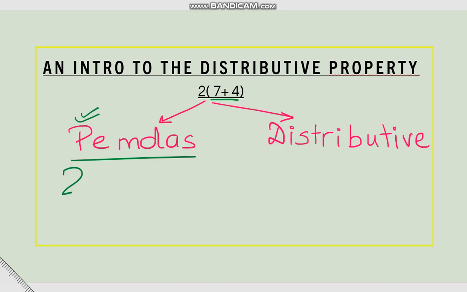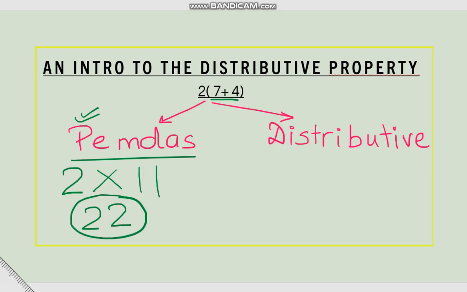So I'll keep the 2 as it is. Between the 2 and the parentheses, there is no sign, so it automatically means multiplication. And within the parentheses, we have 7 plus 4. 7 plus 4 means 11. So 2 times 11 means 22. This will be my answer if I solve this question using PEMDAS.